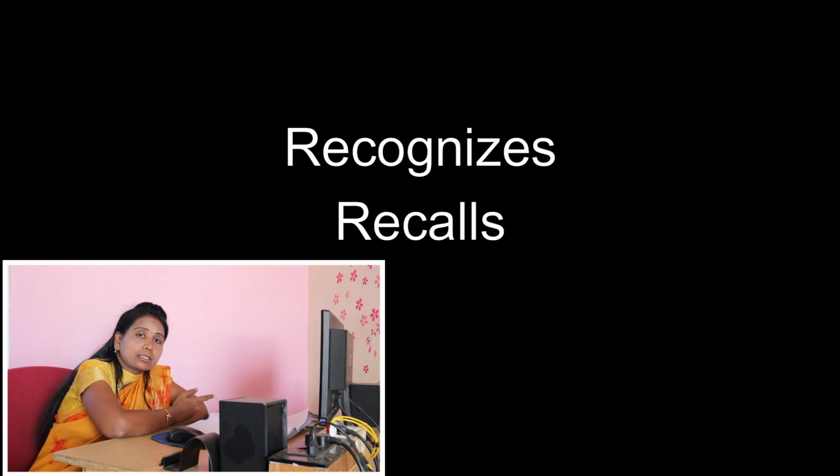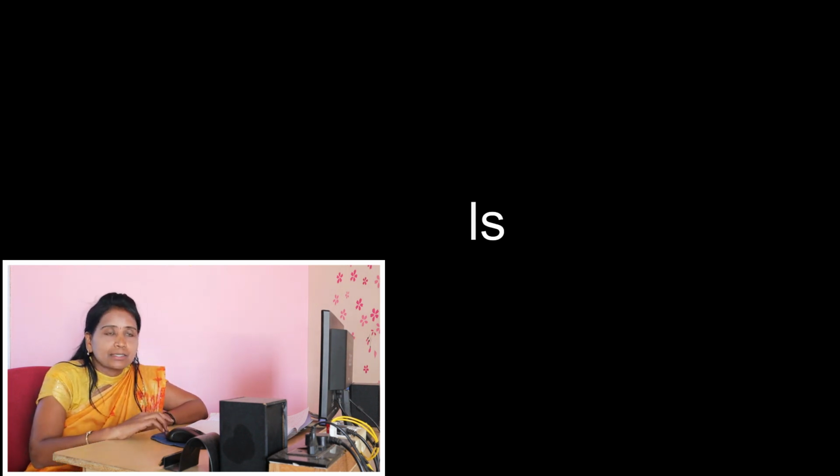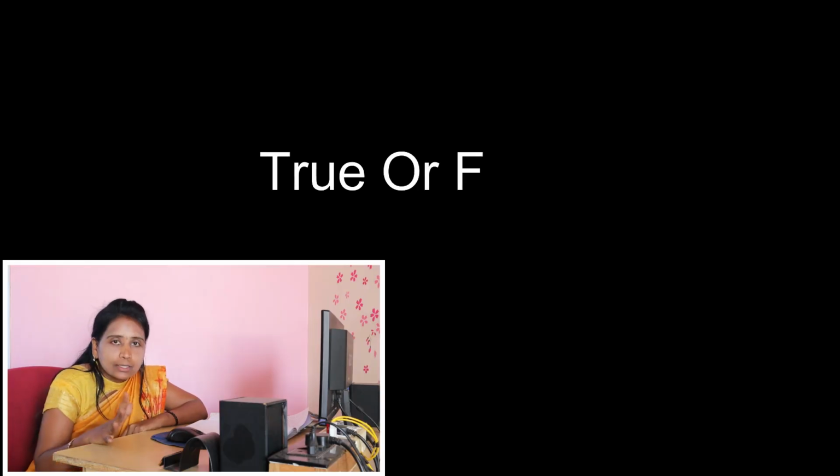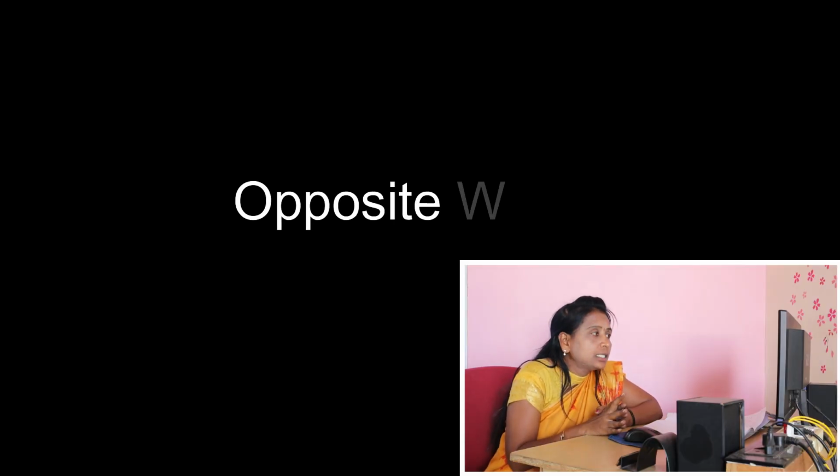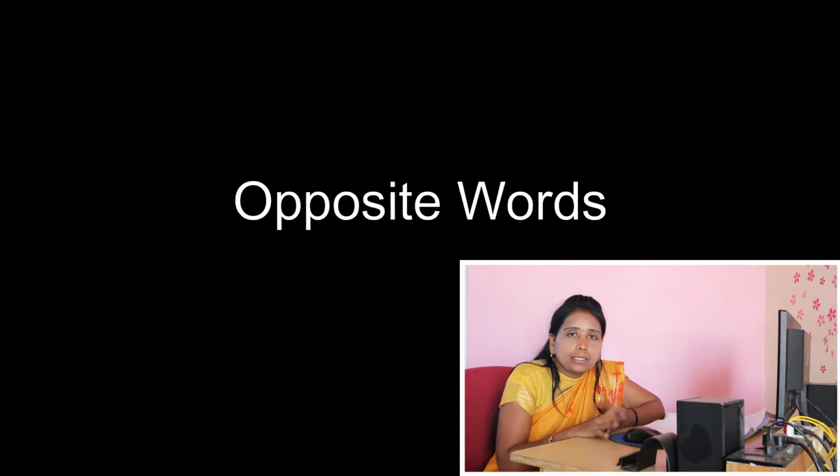In recognizes, what should the child recognize? The child should recognize whether the given sentences are true or false. Child matches the opposite words. Child matches the meaning. These specifications come under knowledge.